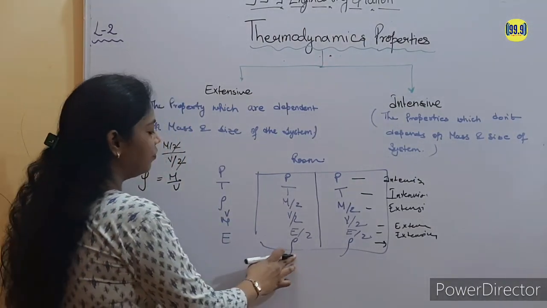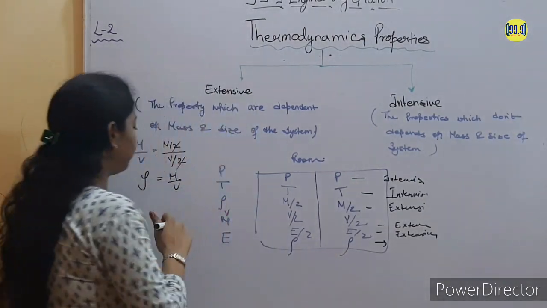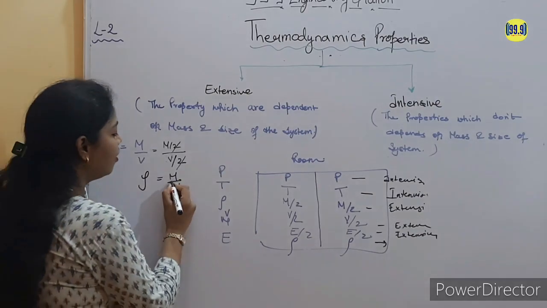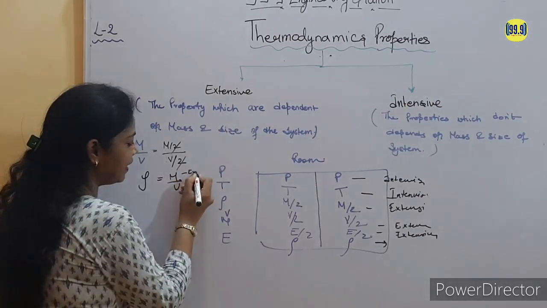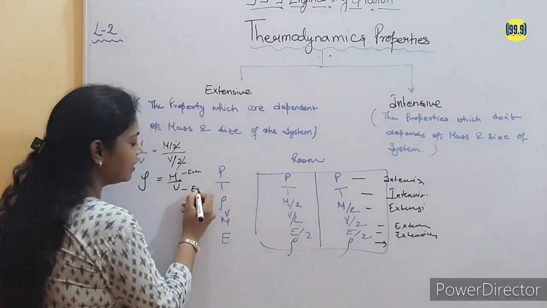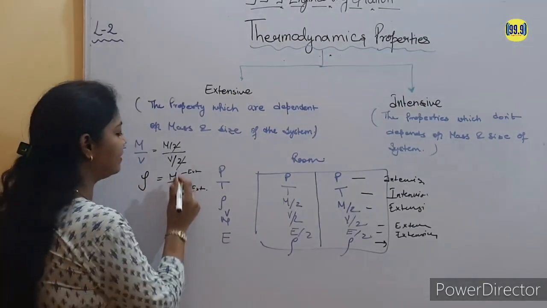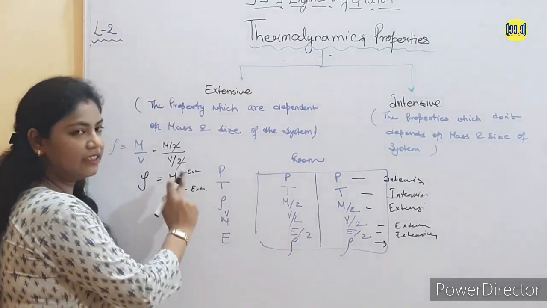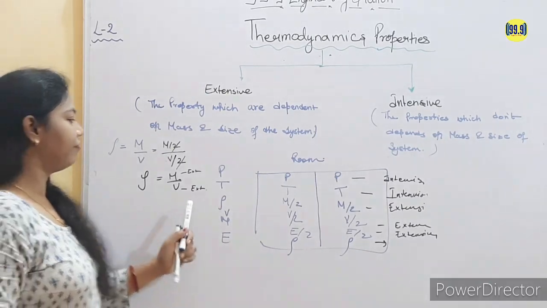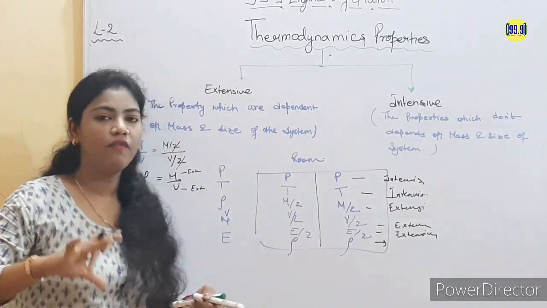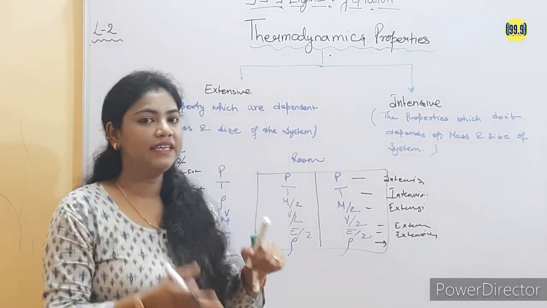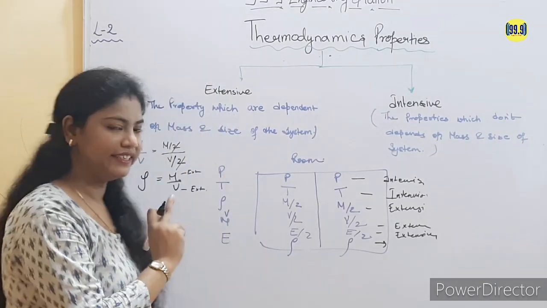Okay, in the case of density, what will happen? Mass is an extensive property and volume is also an extensive property. It means density is the ratio of two extensive properties. If we have the ratio of two extensive properties, it becomes an intensive property.